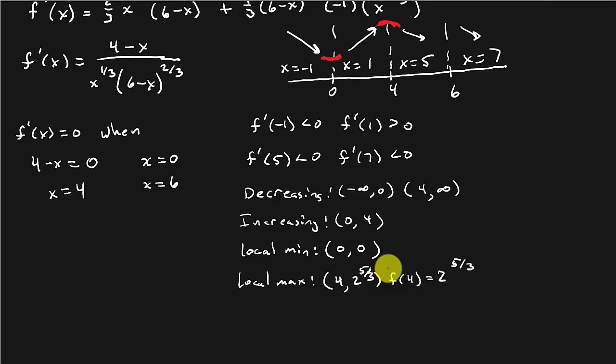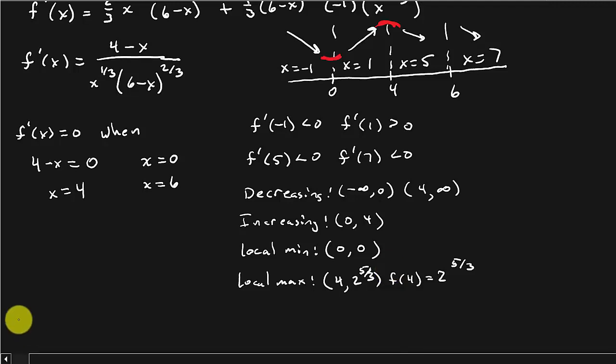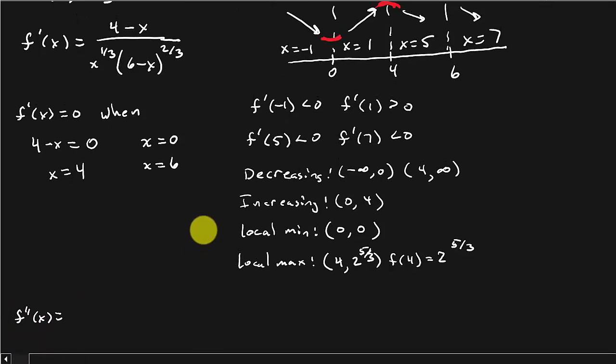Now we need to find the second derivative. And I'm not going to work all of that out. But if I did f double prime of x, let me bring that down. You can see here, this is a nightmare, right? Quotient rule.